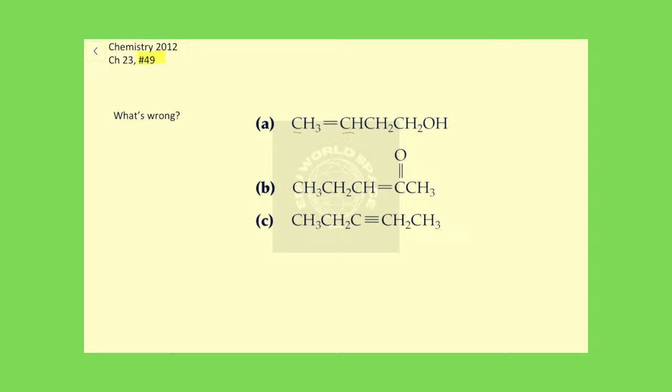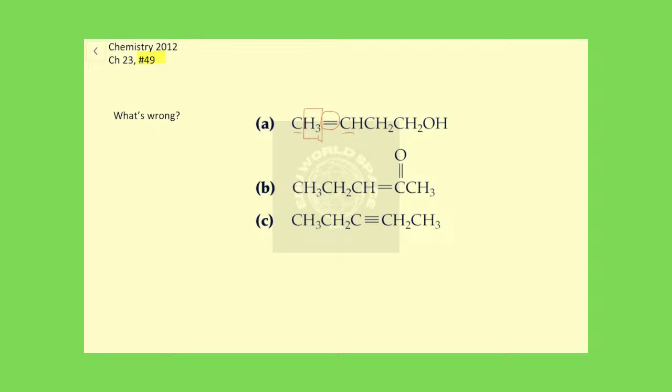It has 3 hydrogens, but at the same time, it's also double bonded to carbon number 2. If we rewrite this, we're supposed to have carbon double bonded to another carbon with 3 hydrogens in it. That doesn't make sense because here carbon has 5 bonds around it, and that just violates our octet rule.